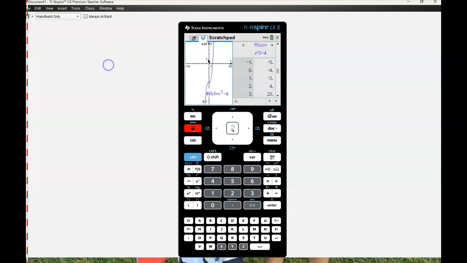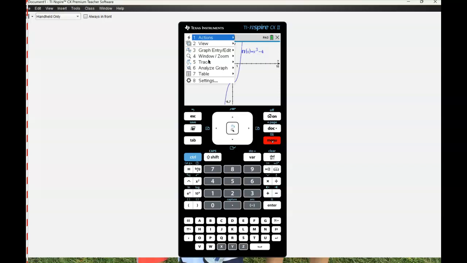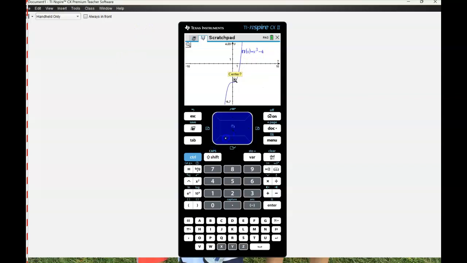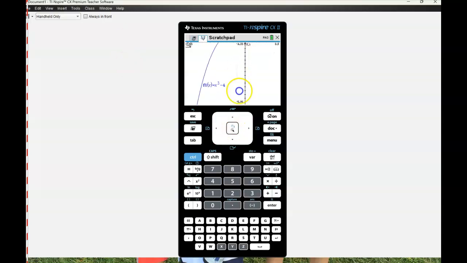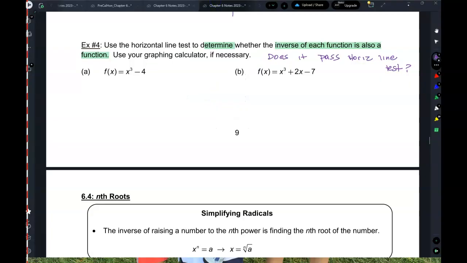Another way, if you happen to zoom in, so menu, analyze, window zoom, if you zoom in here, and you keep tracing here, it'll go up. There isn't any function that I can think of that has a horizontal flat line like that. Okay, so this does pass the horizontal line test.